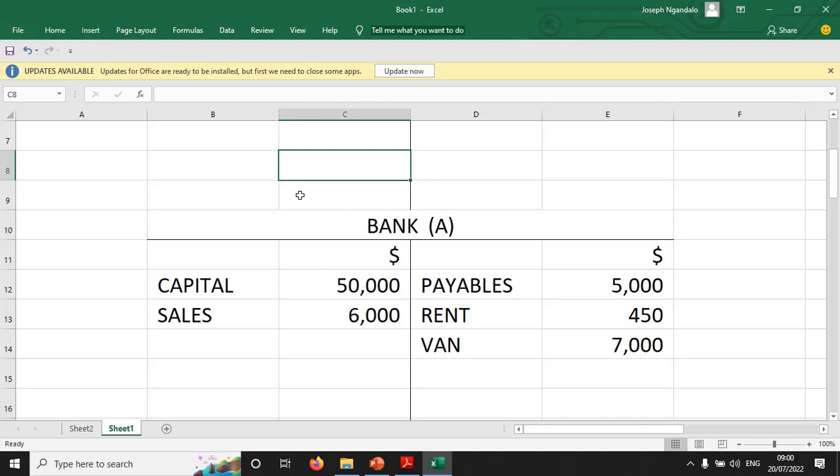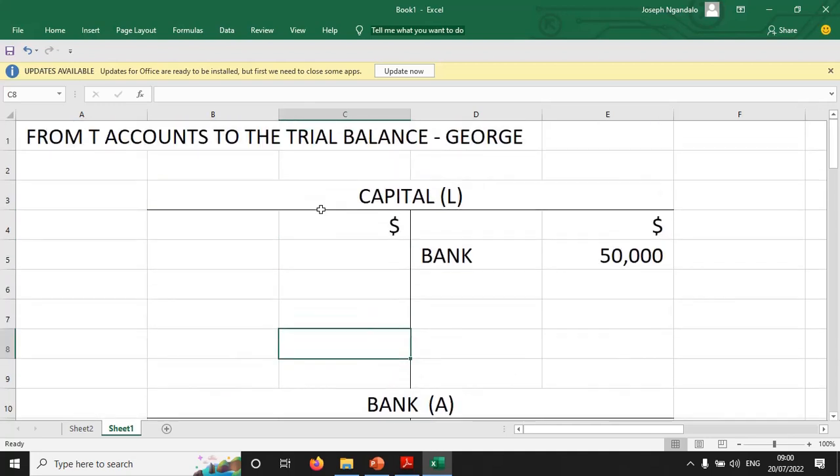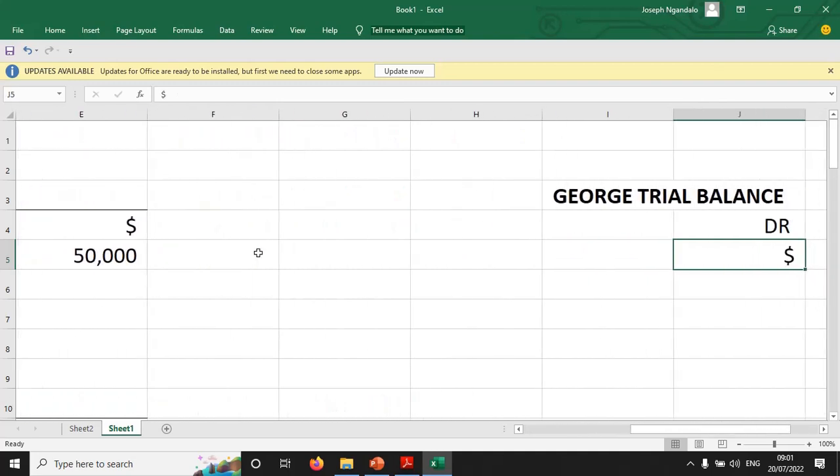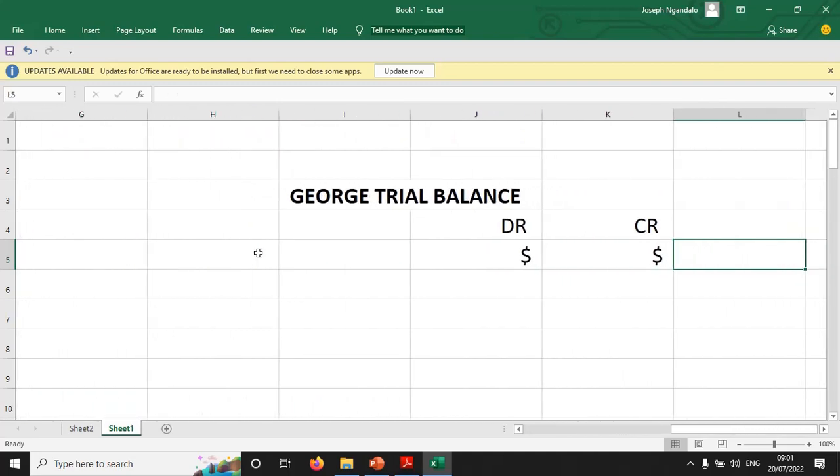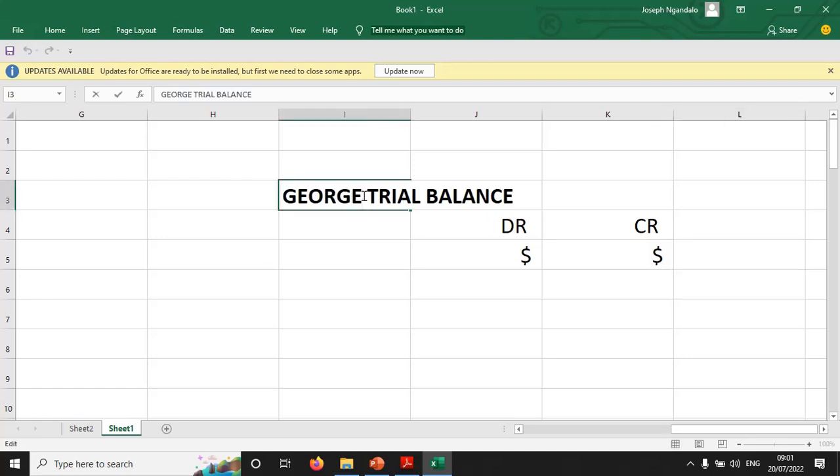They like saying that we overteach, but it's better to do a good job so that if somebody does not do well, they don't come back to Zaptec and say, you failed me. So please, on the other side, open a trial balance. The trial balance will look like what I have just given you. Open a trial balance. You can call it George's.